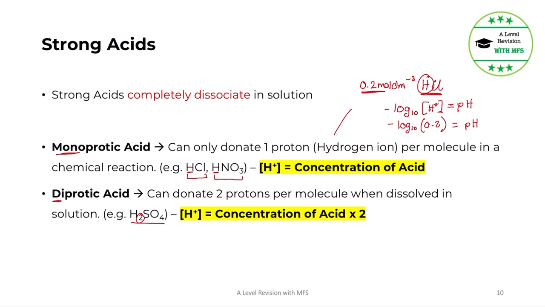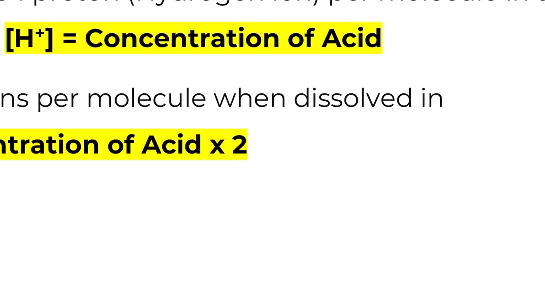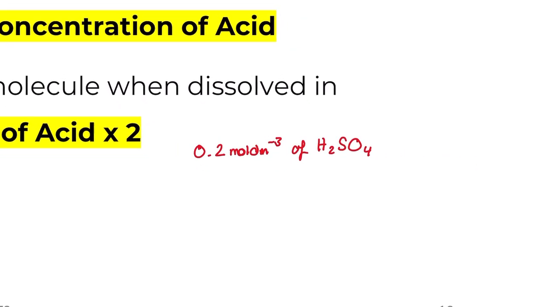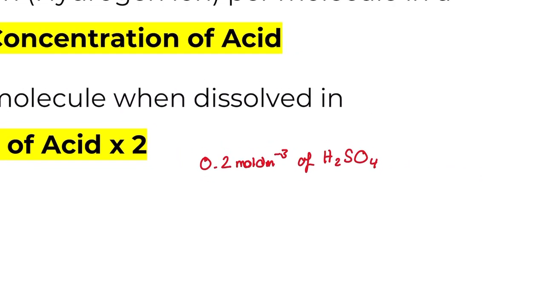For diprotic acids, we will have to multiply the concentration of the acid by 2. For example, if I had 0.2 mole per dm cubed of H2SO4 and we were asked to work out the pH, then in this case, because this is a diprotic acid, there's a 2 over here, we would need to multiply this by 2.